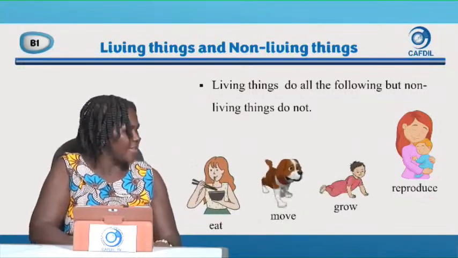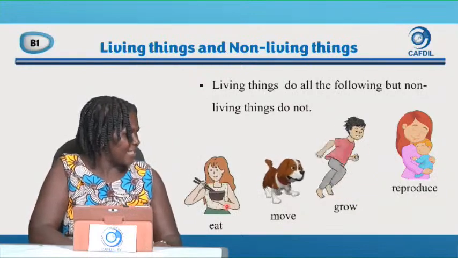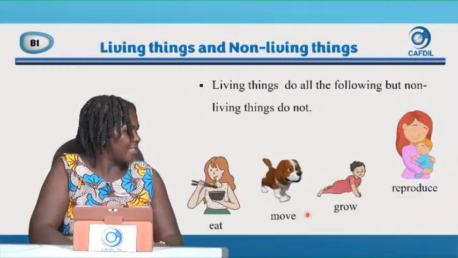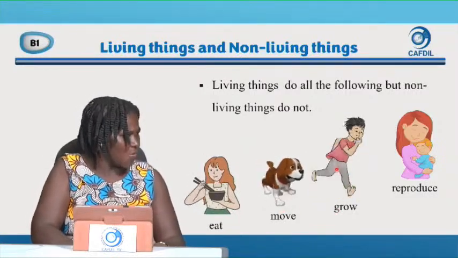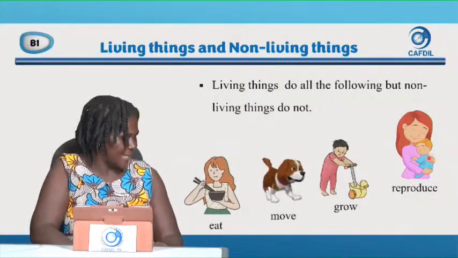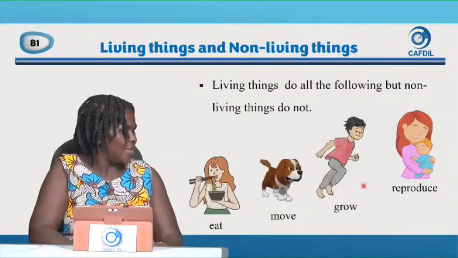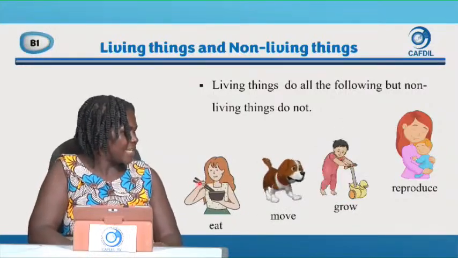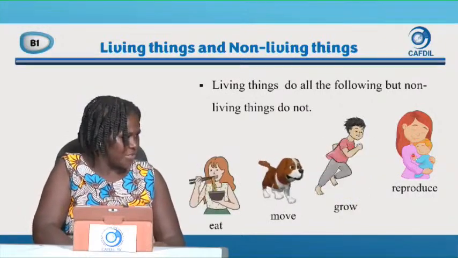So living things eat. Living things move. Living things grow. Living things reproduce. That is, they give birth. Reproduce means give birth. So they eat, they move, they grow, and they reproduce.